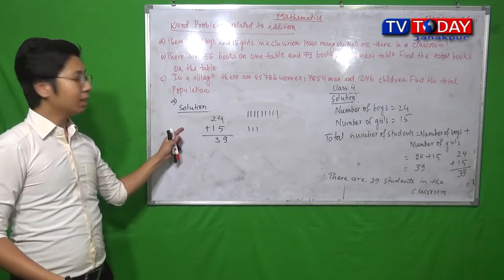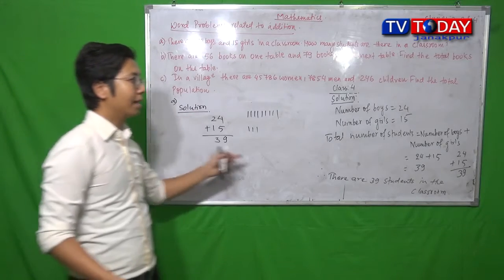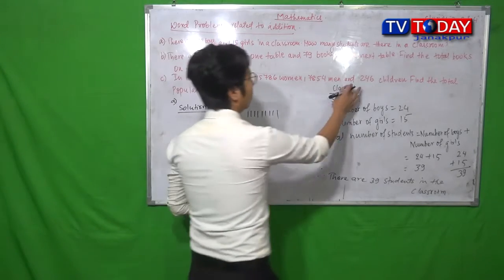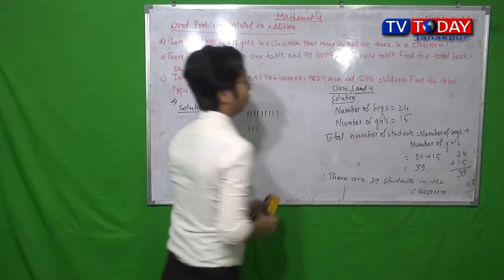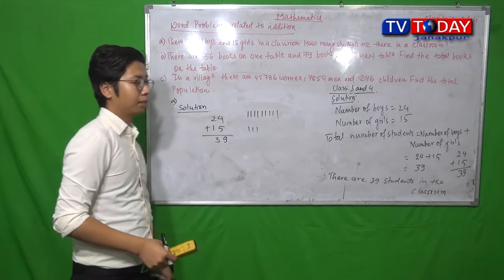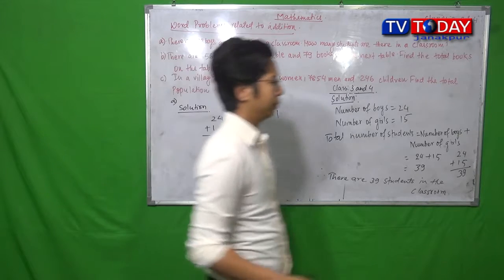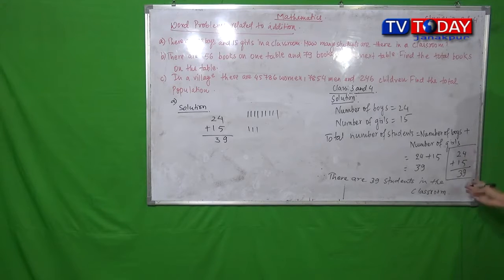Class 2 students can perform this word problem in this way, and the students of class 3 and class 4, you have to perform this. This is a rough. You can do it at the right corner of your copy.